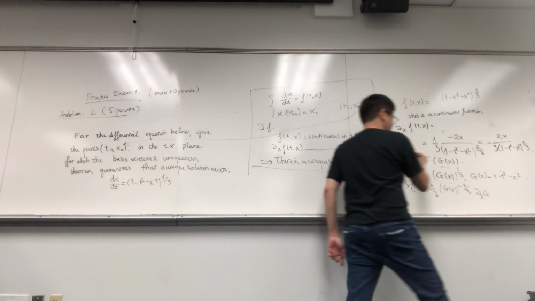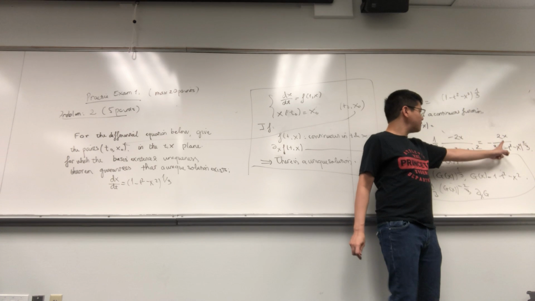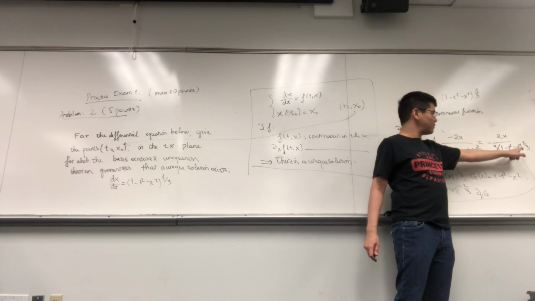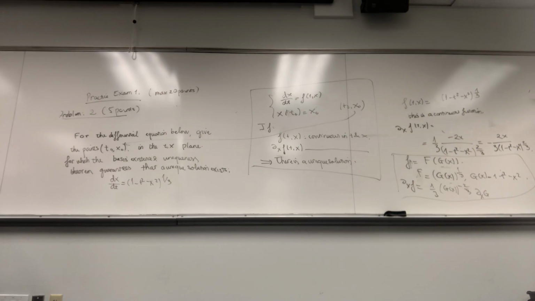You take the derivative of the power 1/3 first, then multiply by the derivative in x of g. After you do all of this, you have minus 2x over 3 times (1 minus t squared minus x squared)^(2/3).